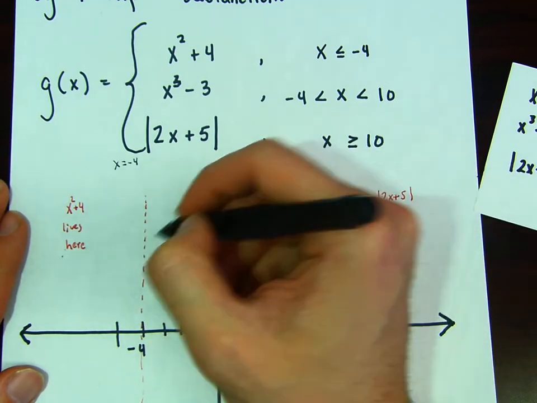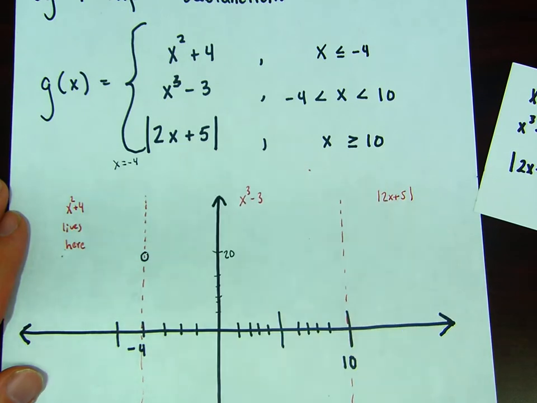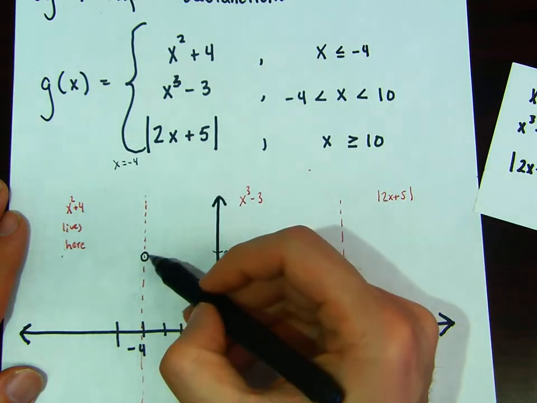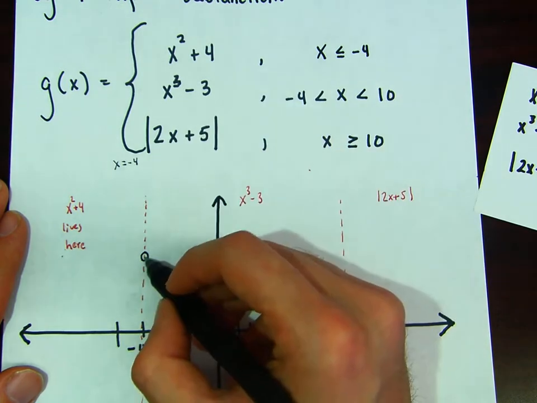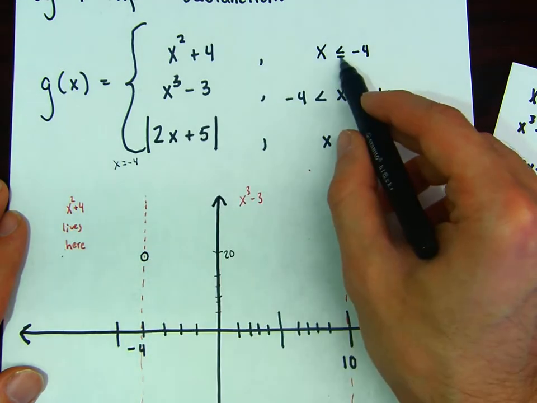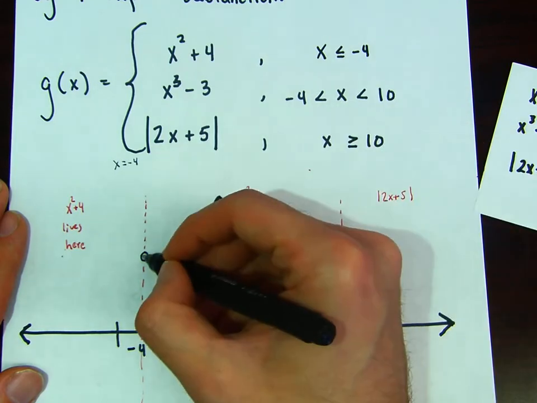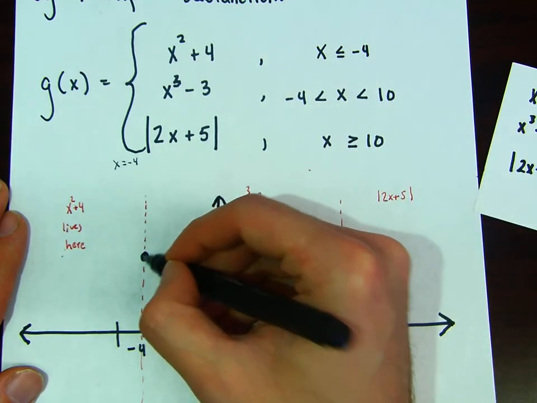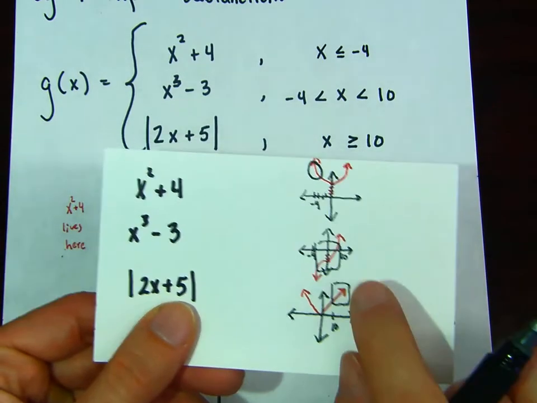This will be the circle that we draw at first, and then ask yourself, is this open or closed? Open or closed circle. Because you have less than or equal to, this circle will be closed.